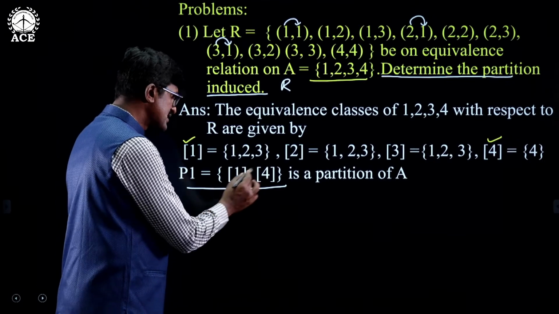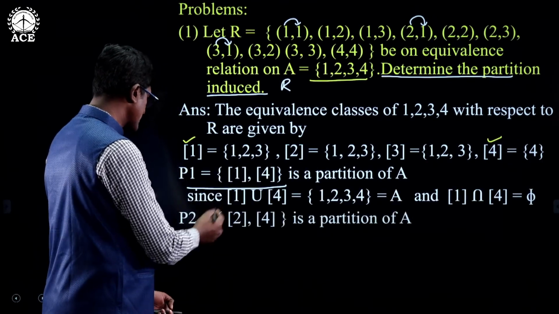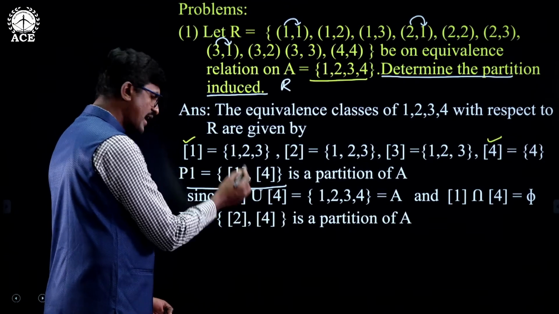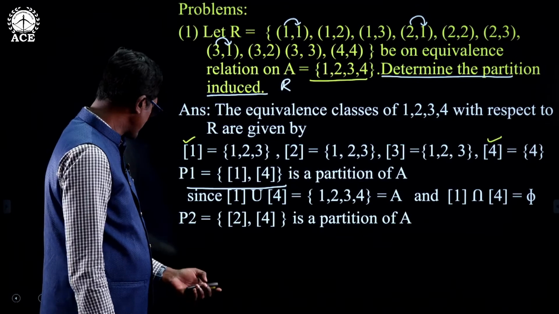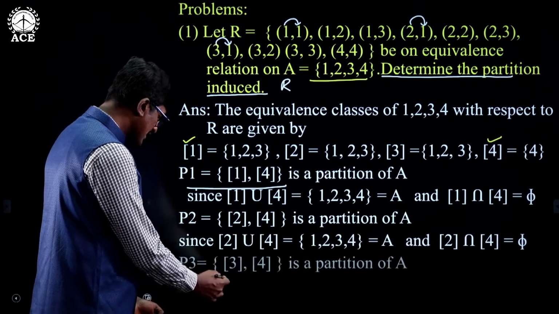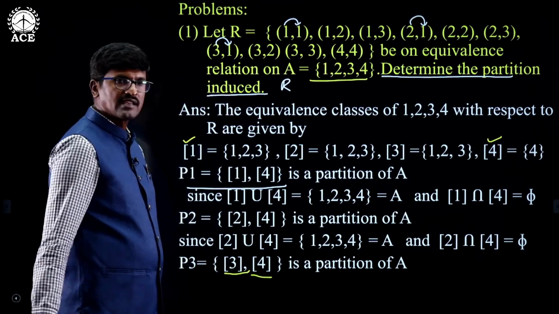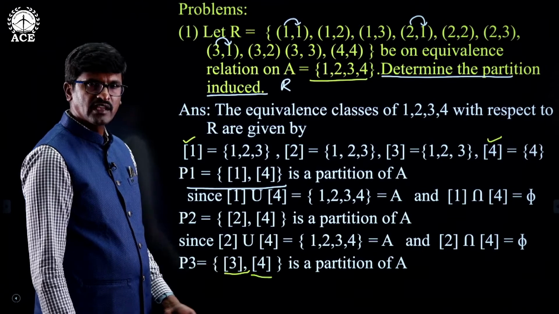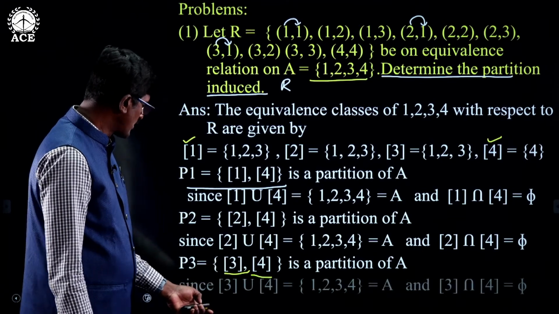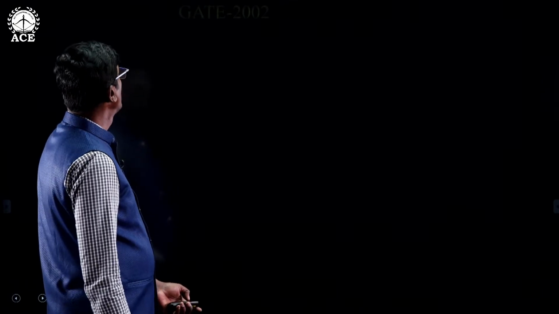Therefore, this is one partition. Similarly, the equivalence class of 2 and the equivalence class of 4 constitute another partition. Similarly, the equivalence class of 3 and the equivalence class of 4 also constitute a partition of the given set. This is how we are going to find the partition of the given set.